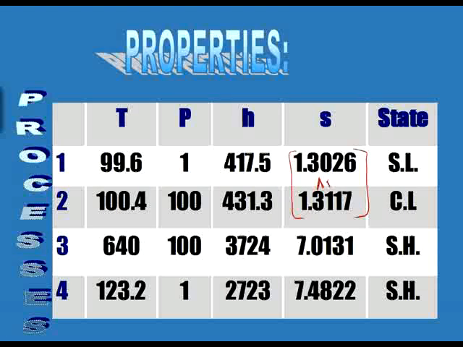The entropy is always greater as you leave the equipment, unless you draw off heat. If you draw off heat, you can draw off entropy with the heat. But here, in the adiabatic pump and the adiabatic turbine, the exit entropy is greater than the inlet entropy.